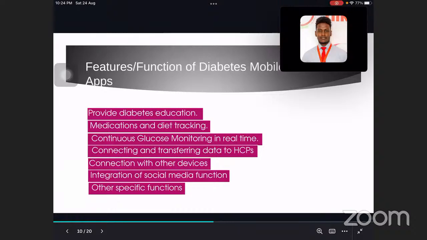By this feature, the diabetic patient would find other patients in the same condition and be motivated in the control of their condition through the social media integration feature of those apps, and other specific functions tailored to the specific type of application.